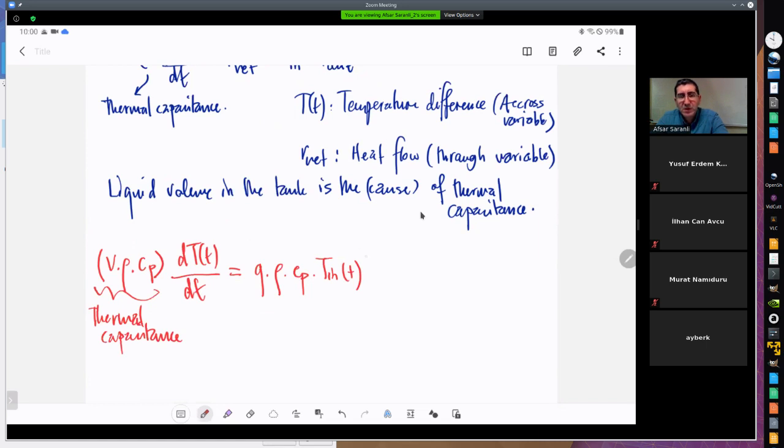Now we come to the heat carried in by the heater. That's going to have a parameter alpha. Alpha will be basically the heat transfer coefficient. What is the material in between the heater and the liquid?